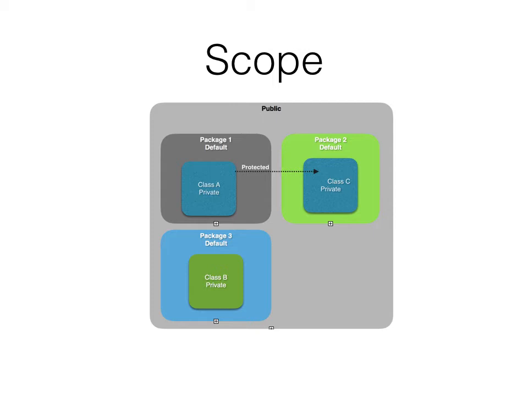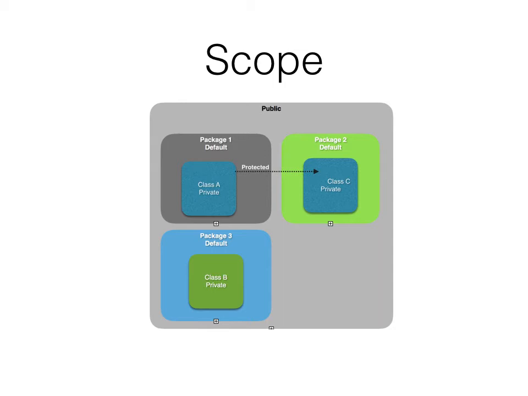Now comes the scope. As you can see in this diagram, the very big rectangle box in light gray is marked as public. It means the public keyword can be accessed by any class, any package, any method. Second, we have specified default along with all packages.